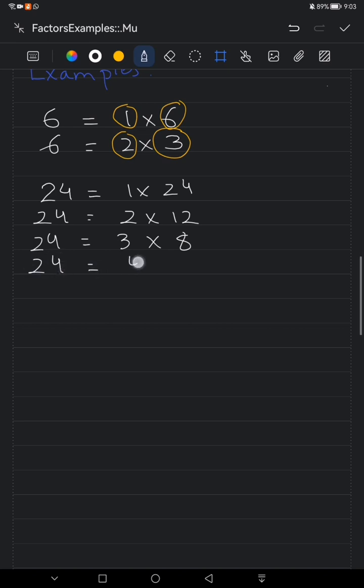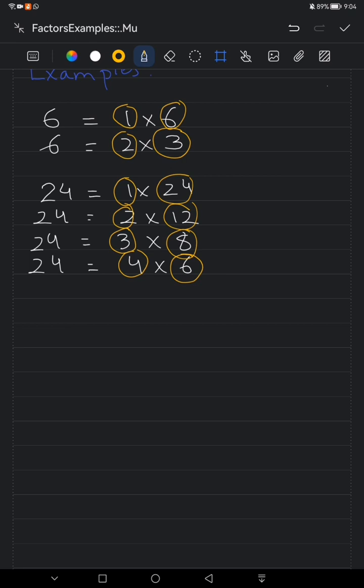Then 24 also comes in the table of 4. And then 6, and then 8, and then 12, and 24, and they are already written over there. Can you notice that 24 has so many factors? All these are the factors of 24. They are more than 2. So 24 is also a composite number.